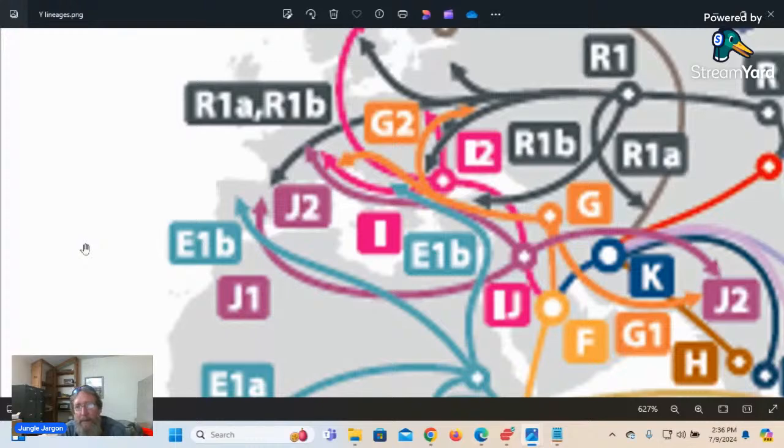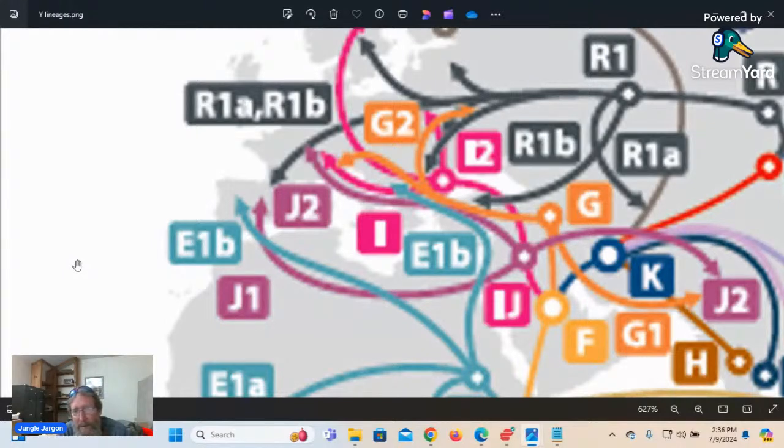So the A accompanies the Q all the way to America, the same route, even though it jumps around more because the mitochondrial lineage jumps around more, but it jumps from Asia to Central America, spreads up north and south from there.